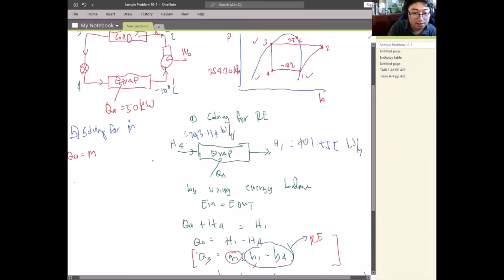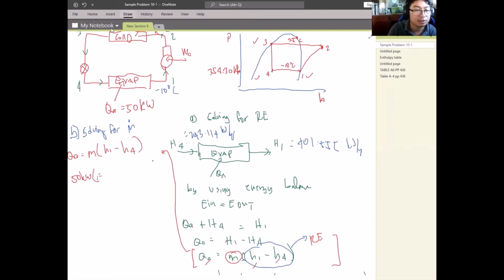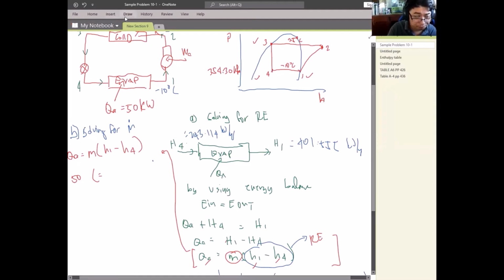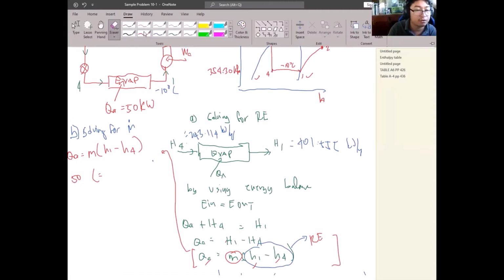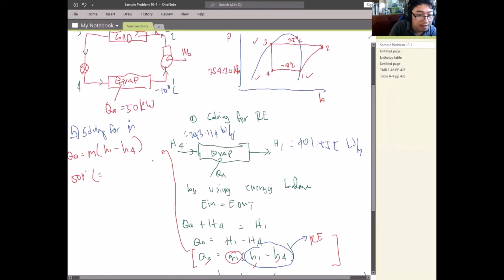So by using the equation we composed earlier, H1 minus H4, substituting, 50 kilowatts equals to mass. Okay, class, 50 kilowatts is the equivalent of kilojoules per second. You already know that. Kilowatts is kilojoules per second. So equals to mass times.